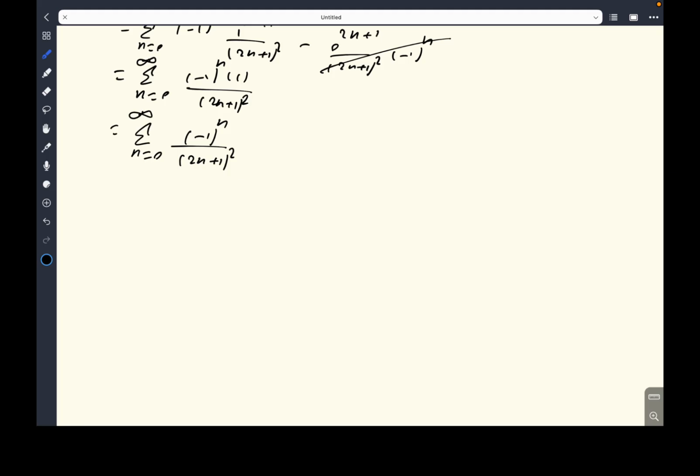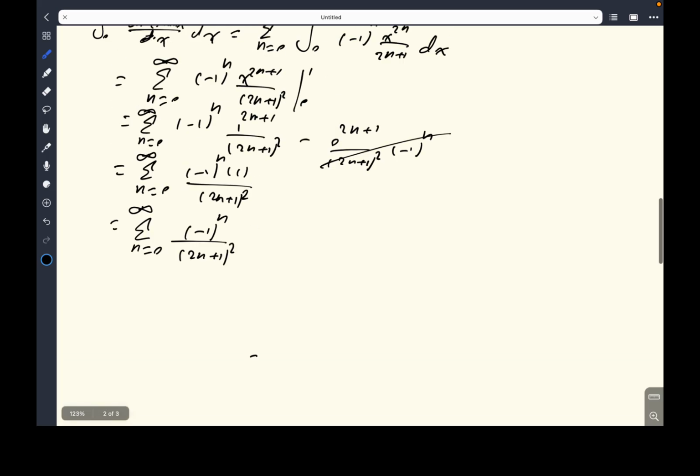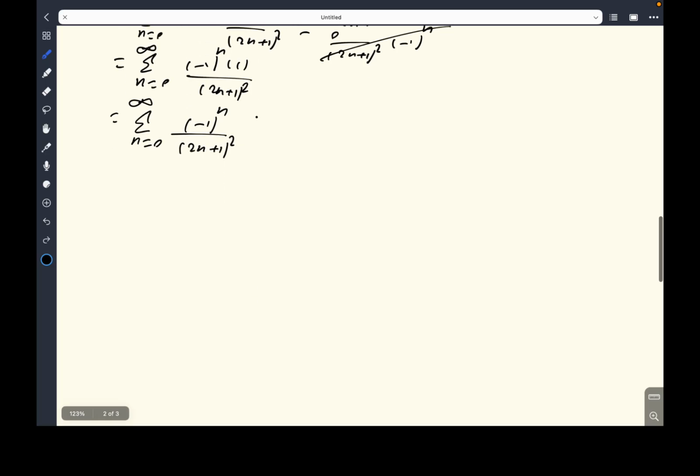So if you sum up this series, you're going to be left with a constant named Catalan's constant, which is denoted as G, and it's approximately equal to 0.95.